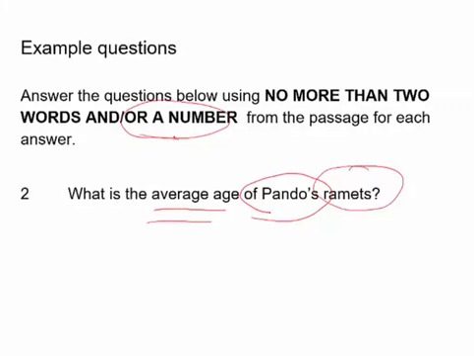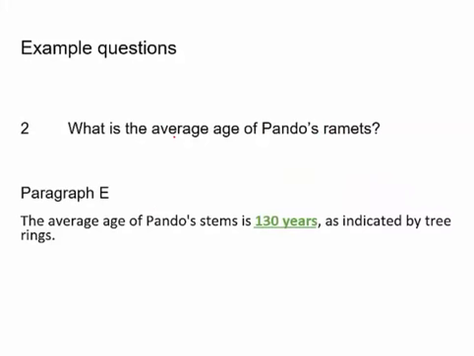Now, we need to know what a ramet is. And if we know what a ramet is, and we learn that hopefully earlier in the essay, then we go to this paragraph on Pando and we find this sentence there: the average age of Pando's stems, our paraphrase of ramet there, is 130 years.